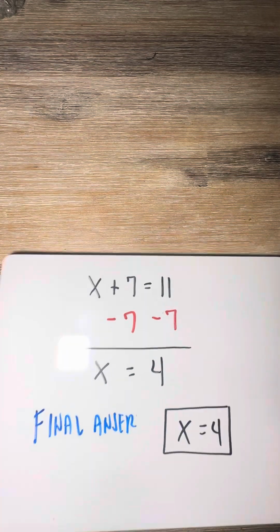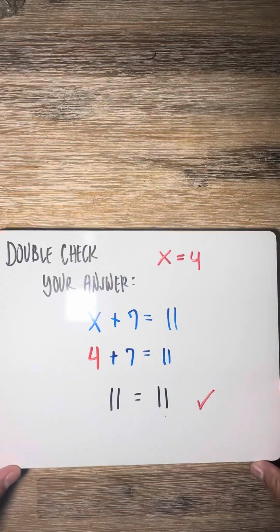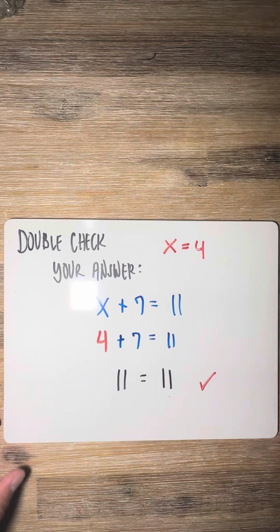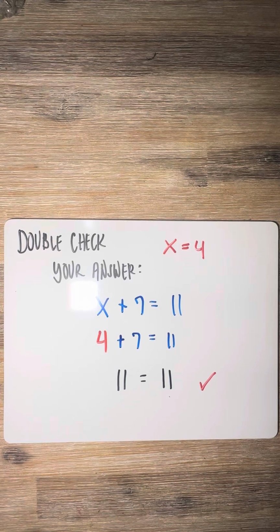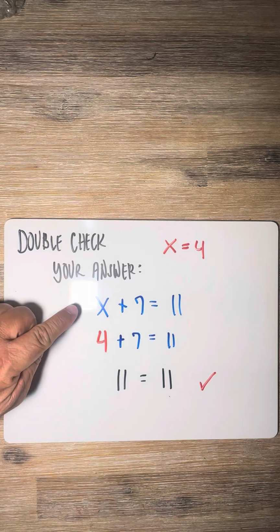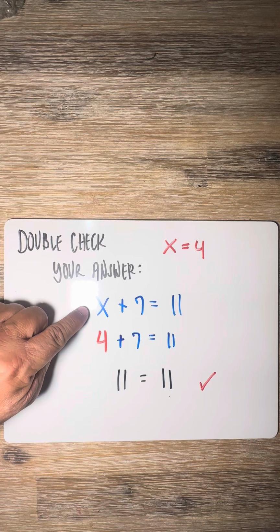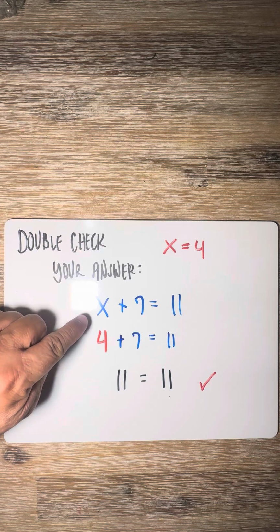Now, if you remember what I said earlier, solving one-step equations basically means that we are going to show you at the very end that the left and the right side are supposed to be the same. If you can view the board in front of you, x equals 4 was our final answer. All you have to do is change that x into what it is now, which is a 4.